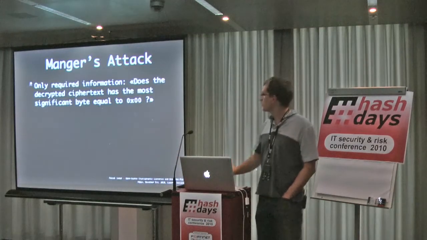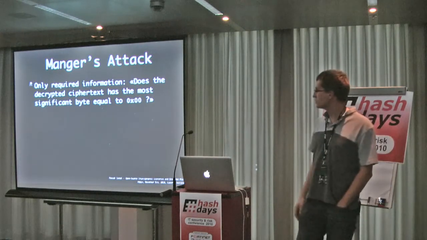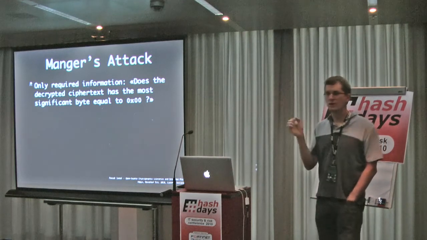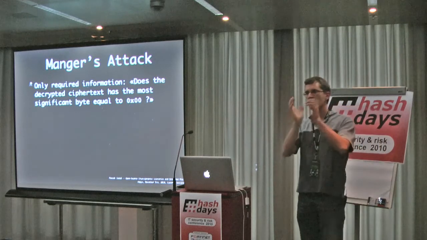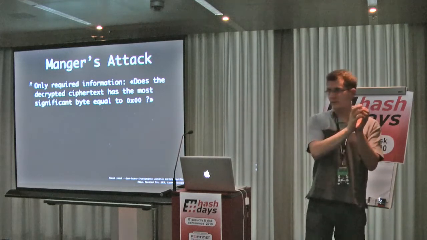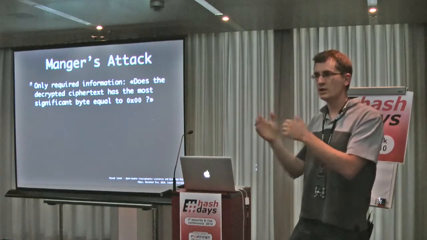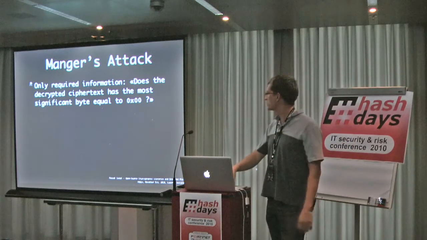And the only required information that you need is, does the decrypted ciphertext have the most significant byte equal to 0? That's the only thing you need to know. You don't need to know anything about the plaintext. And if you are able to make a difference when the decrypted ciphertext has a 0 in its most significant byte or something else, if you can exploit this difference, then you will transform this into a decryption oracle.